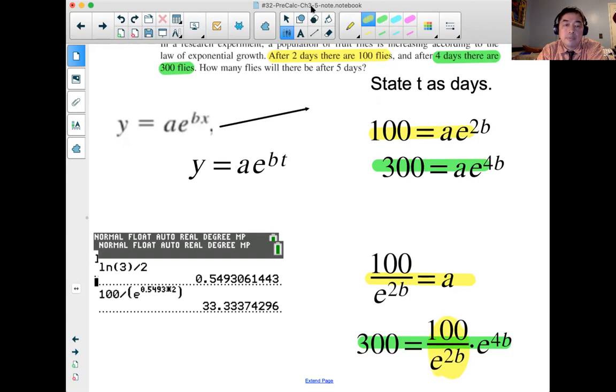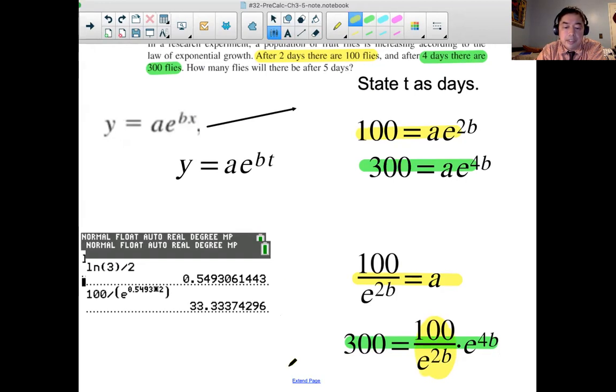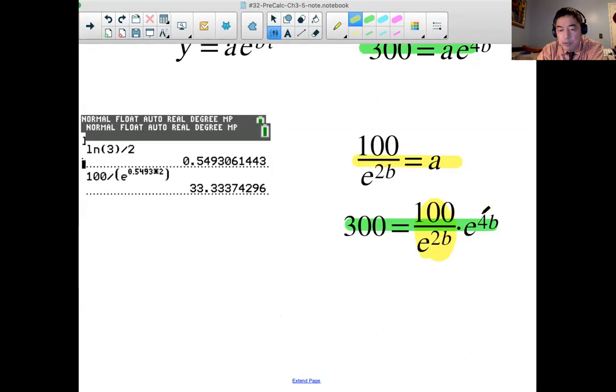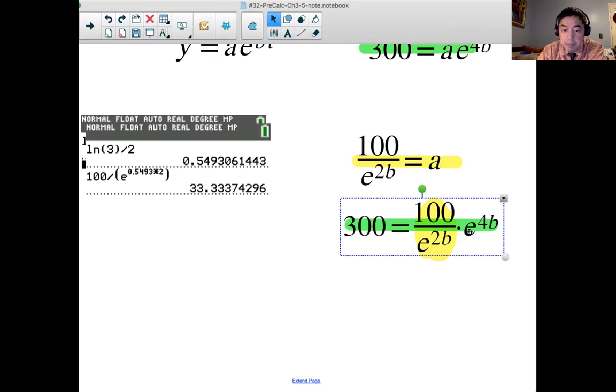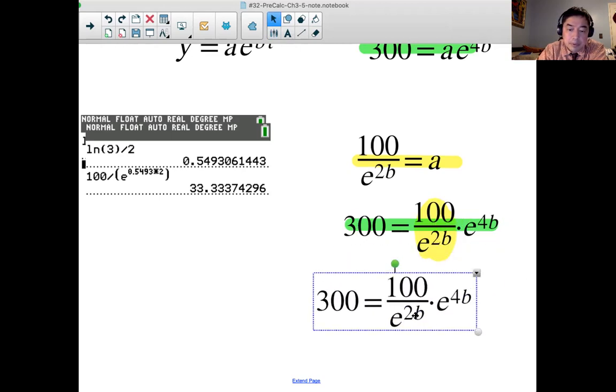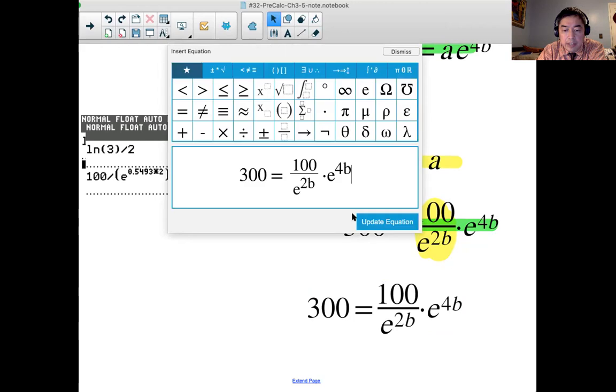Now, one thing you notice is e to the fourth power b is the numerator, and e to the second power b is the denominator. If it's the same base, the exponents can be subtracted. Let me rewrite this equation right here. So they cancel out.